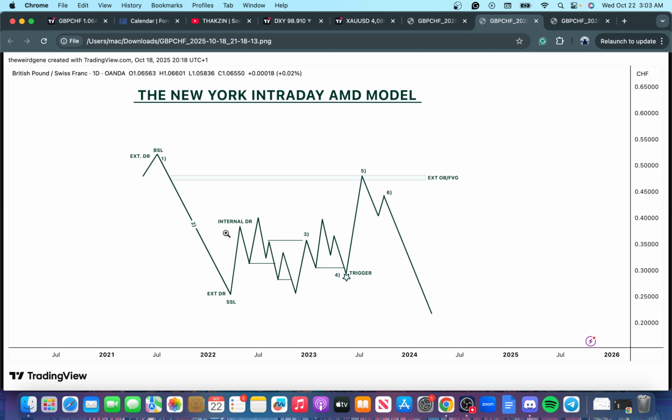Whenever there's any form of significant displacement on the lower time frame, there is a lot of interest from market participants wanting to do transactions in direction of that displacement. This creates what we call weak longs and shorts in the marketplace.